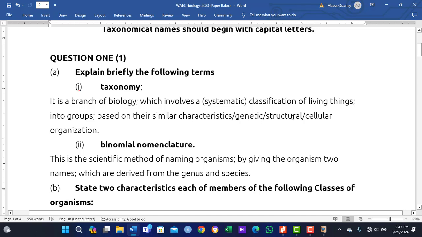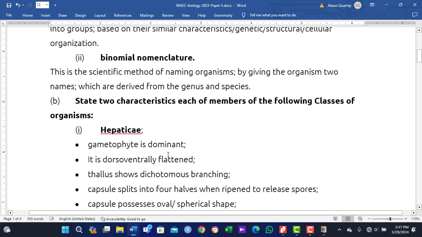Then we go to II, which is binomial nomenclature. This is the scientific method of naming organisms by giving the organism 2 names, which are derived from the genus and species.